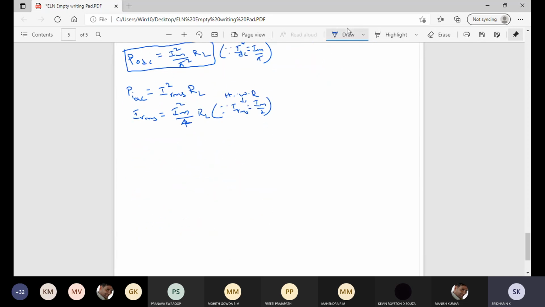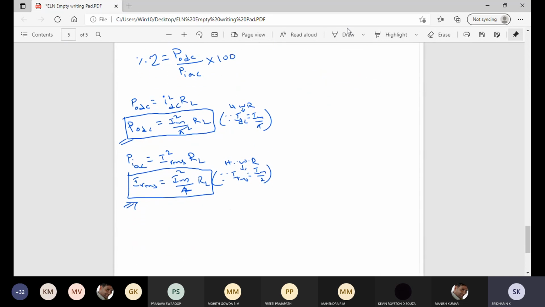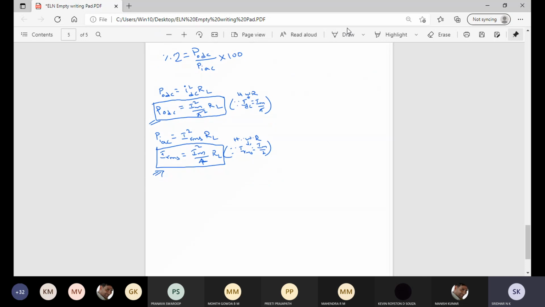Now once you know this, Im square by 4, you substitute this value and this value in equation 1, that is the formula. So what do you get?